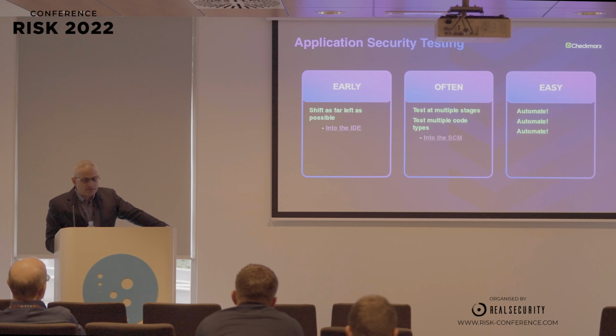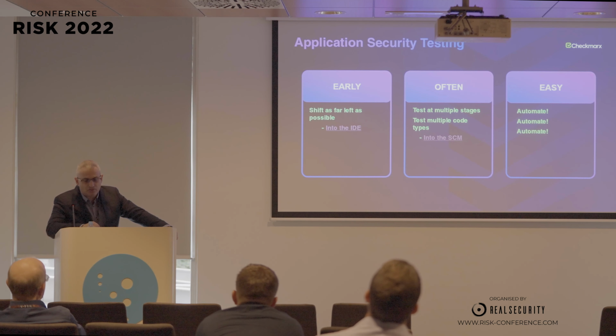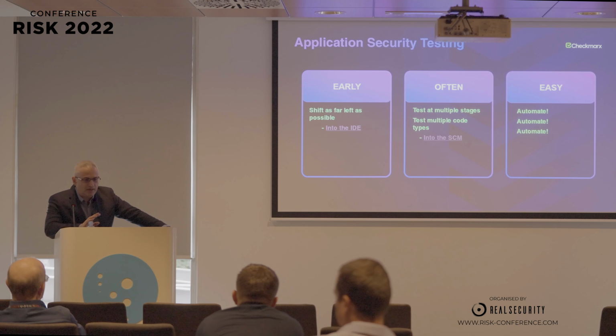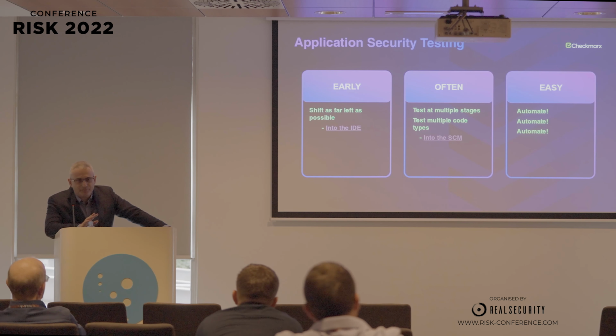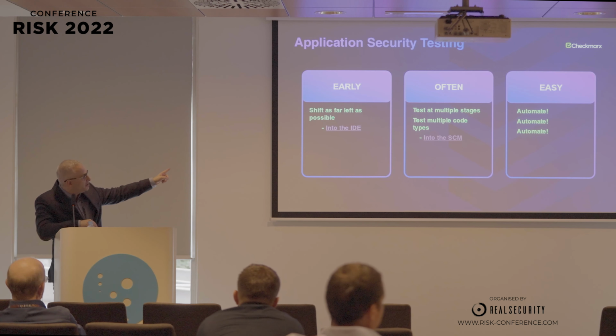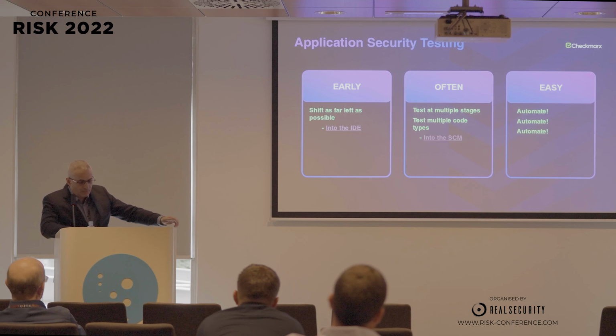And the next requirement is that it should be automated. Developers, and I personally wrote code for almost 20 years, can skip any step that the system does not enforce. So if we wish the system to be scanned early and often, it should be done in an automated way.